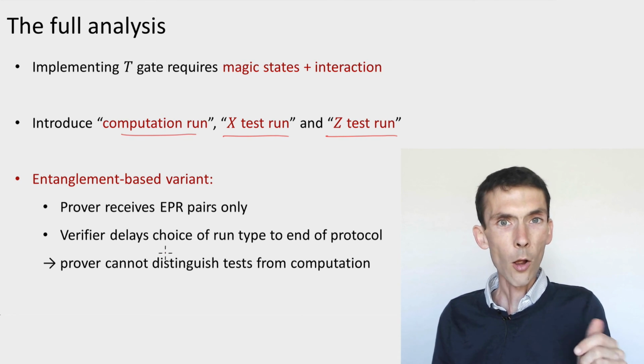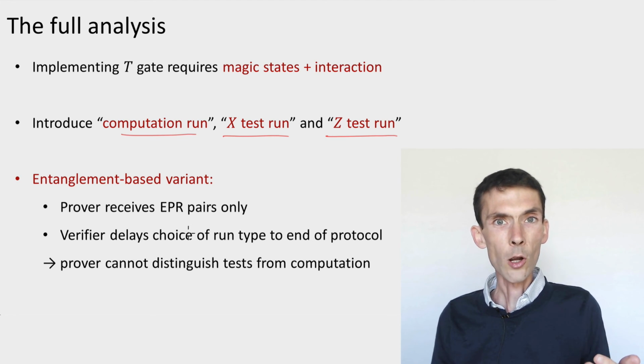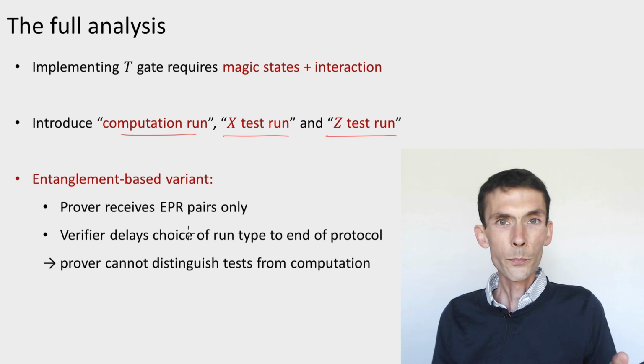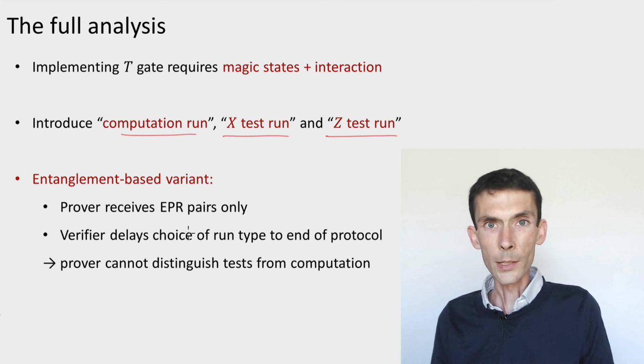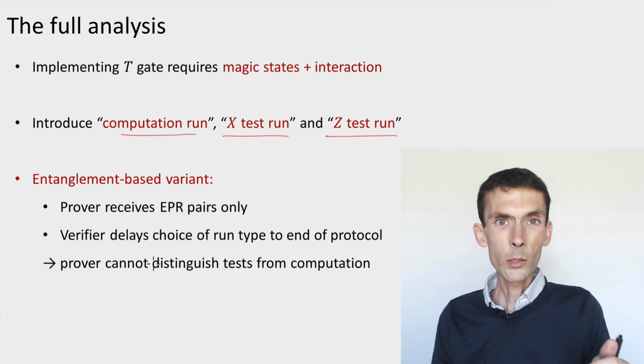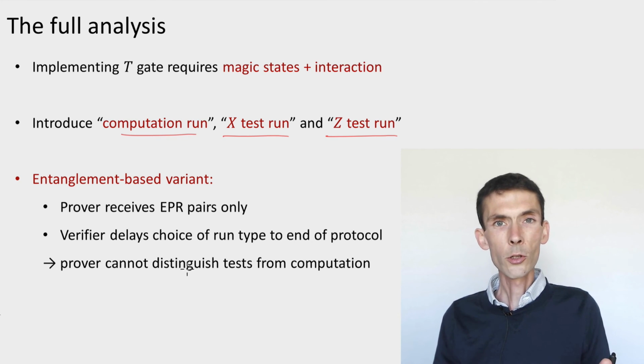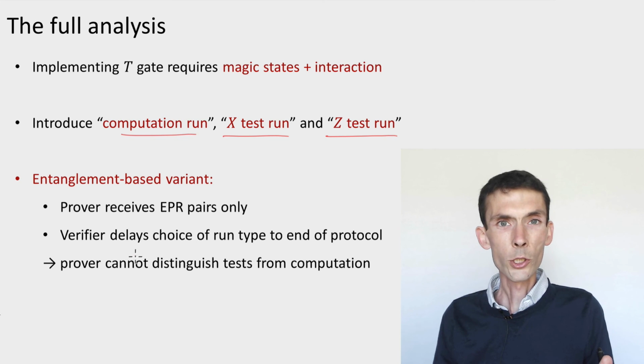In practice, there's a very neat way to analyze the protocol to show that the prover cannot make a difference. In order to make all these arguments about the bits sent by the verifier being random and the prover only seeing the totally mixed state, a precise way to formulate this argument is to consider a different variant of the protocol, which is an entanglement-based variant of the protocol.